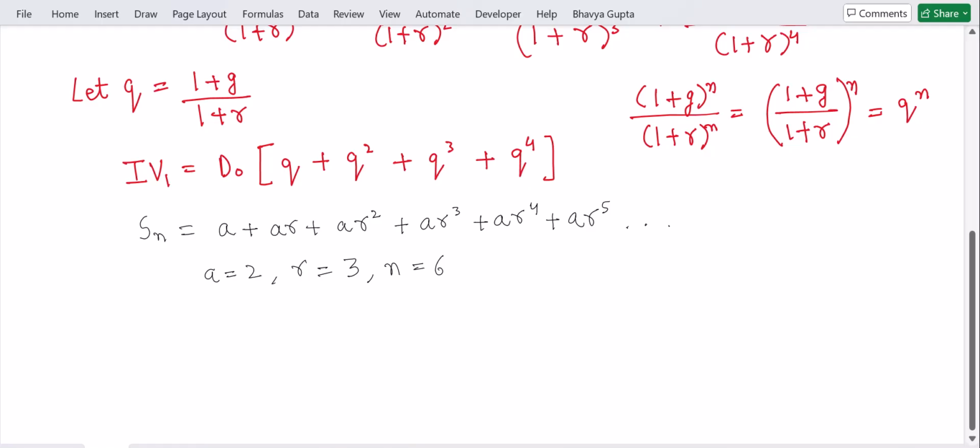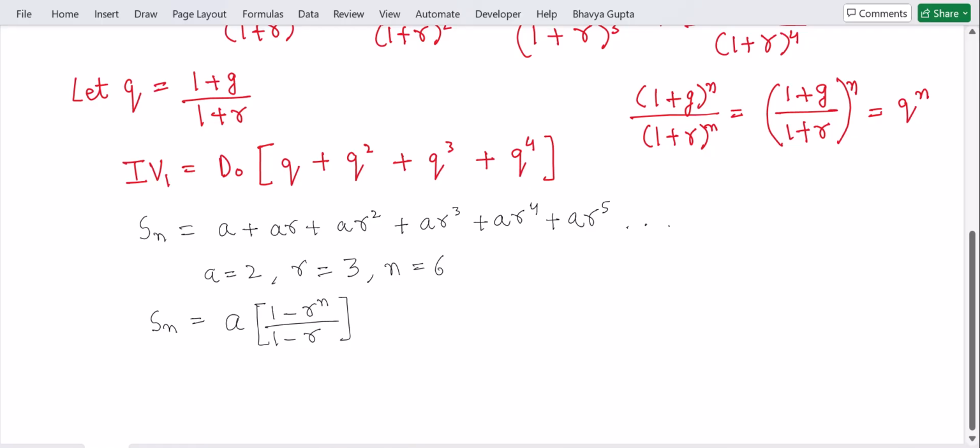To find out the sum of this GP series, we have a shorter formula, which is Sn equals A into (1 minus r raised to power n) upon (1 minus r). So this is the formula for the sum of a GP series, right? We can plug in the values and directly get the sum. We can identify a similar pattern of GP series in our equation for IV1 as well.